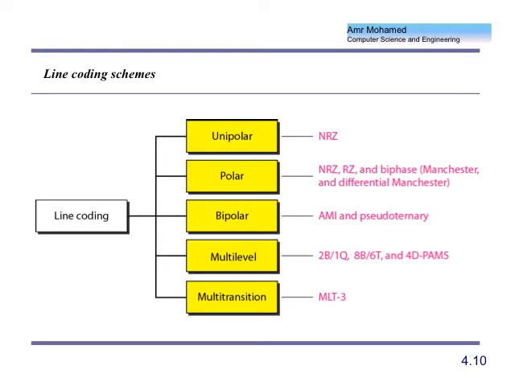So last time we talked about some phenomena or performance measures that we can use in order to evaluate the performance of the line encoding schemes. We discussed first the baud rate or the signal rate, and how to calculate the minimum bandwidth required for any digital signal.